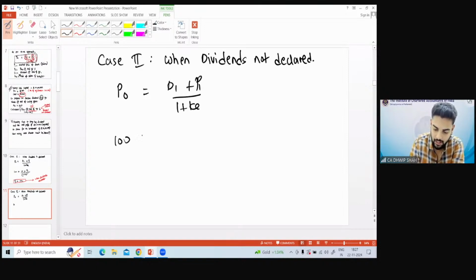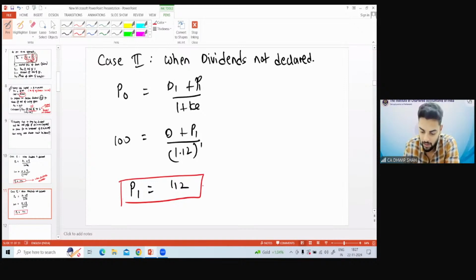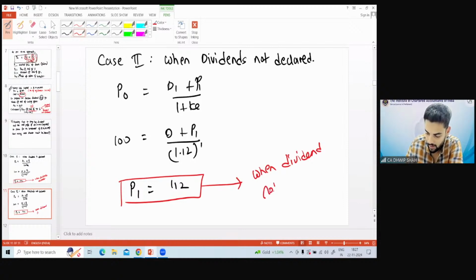Can I say 100 is equal to, now dividend would be 0 because dividends are not declared, plus P1 upon 1.12 raised to 1. So can I say P1 is equal to 112. P1 is equal to 112 when dividend not declared. Any confusion in this second part?